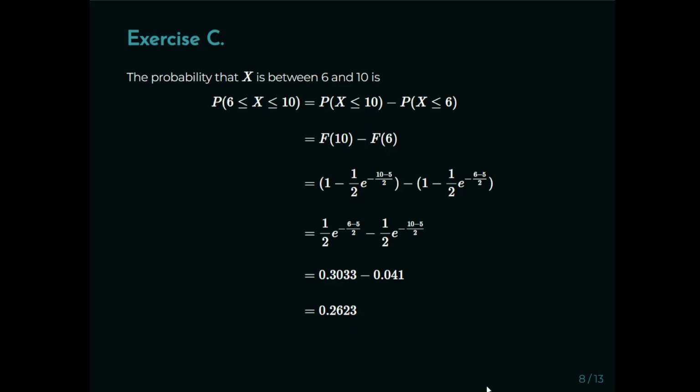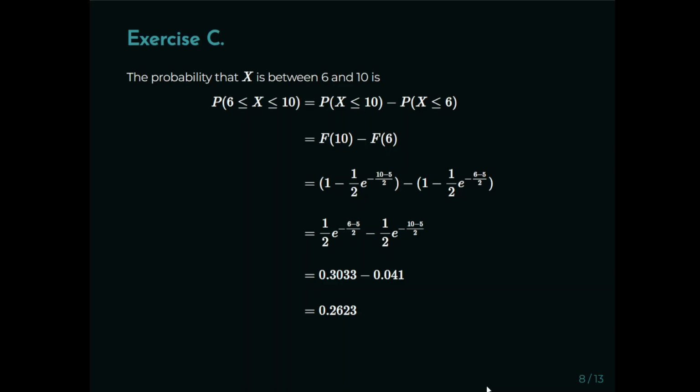But it's not so bad in this case. So F of 10 minus F of 6. F of 10 is 1 minus 1/2 of the exponential of minus 10 minus 5 divided by 2, and the second is 1 minus 1/2 of the exponential of minus 6 minus 5 divided by 2.